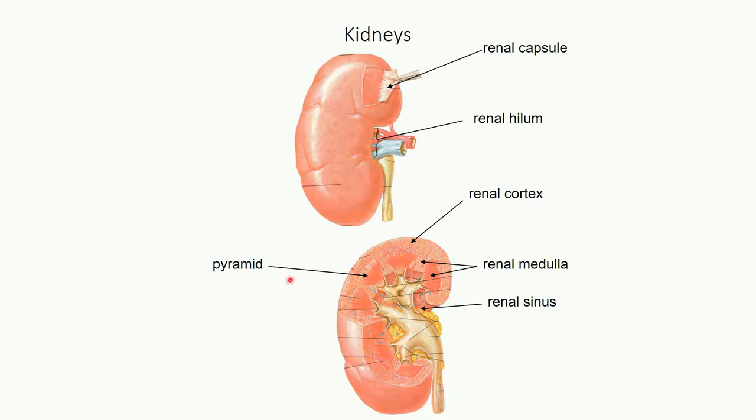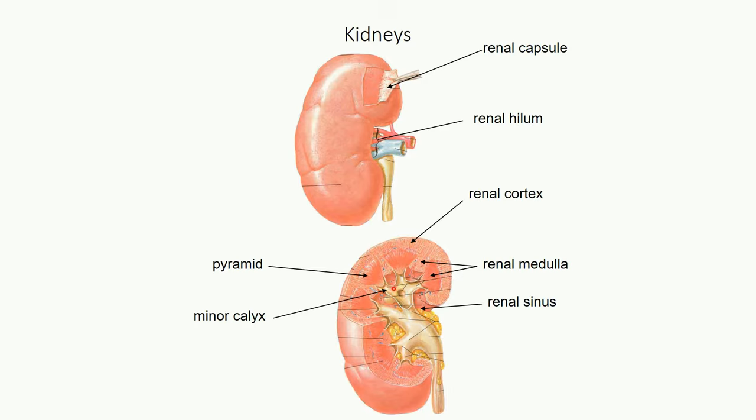The pyramids are significant because this is where the blood is filtrated. And this is where our fluids meant for excretion will collect in this region at the bottom, this tip here of the pyramid, which communicates with this structure known as a minor calyx.